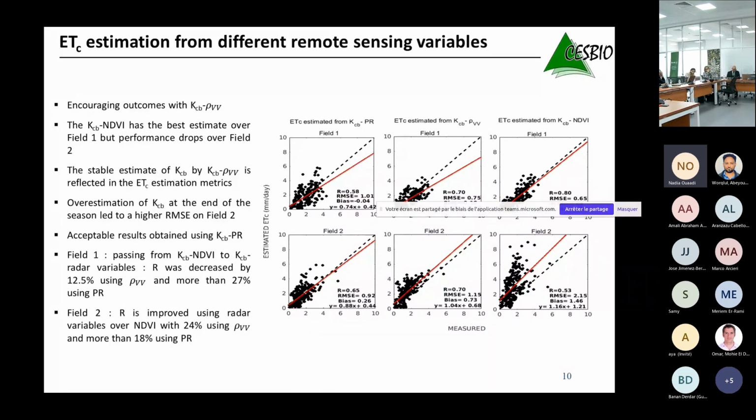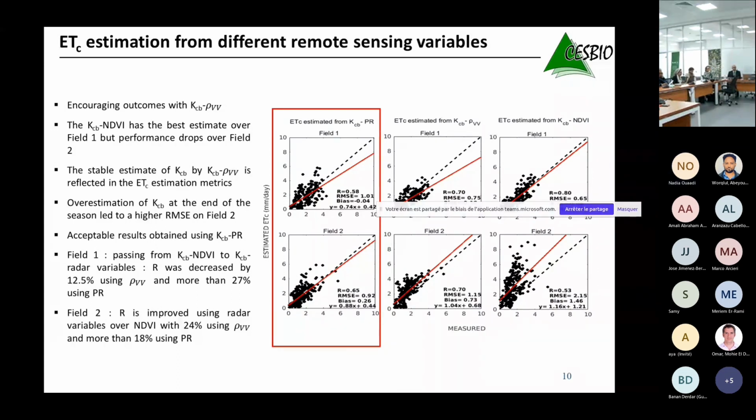In particular, we have the best results for field 1 with the NDVI and the performance decreased for field 2, and for interferometric coherence, the best results over field 2, and the stability in the estimate of the crop coefficient are reflected here in the estimation of the evapotranspiration with similar statistical metrics for both field 1 and field 2. What is more noticeable here is also the acceptable result that we have obtained also using the polarization ratio.